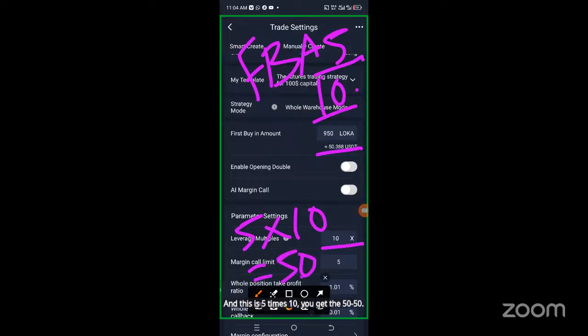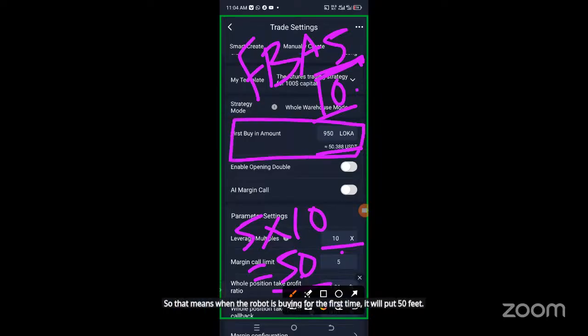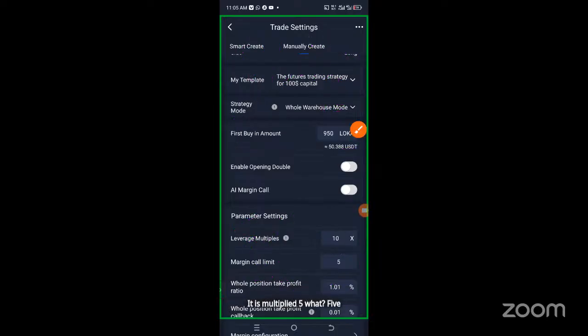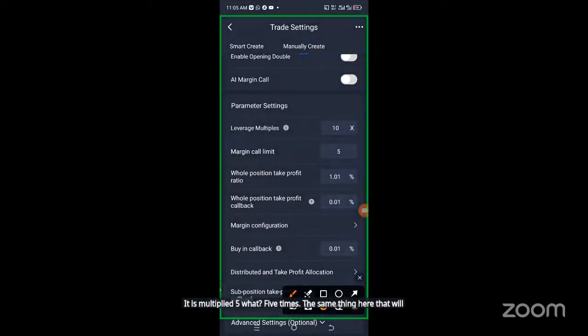So when the robot is buying for the first time, it will put $50 in the market because my first buying amount of $5 is multiplied 10 times.